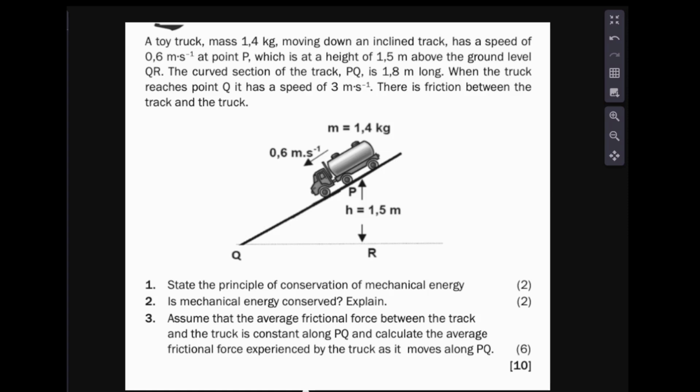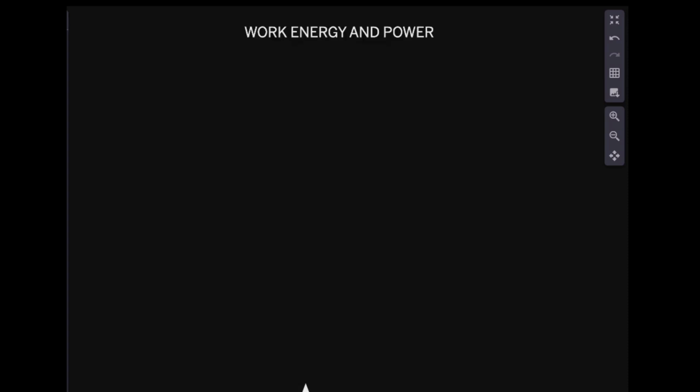So now, this is what you're going to do. In order for you to calculate the frictional force, you would need the work done by the non-conservative forces, which is the change in kinetic plus the change in potential energy. Okay?